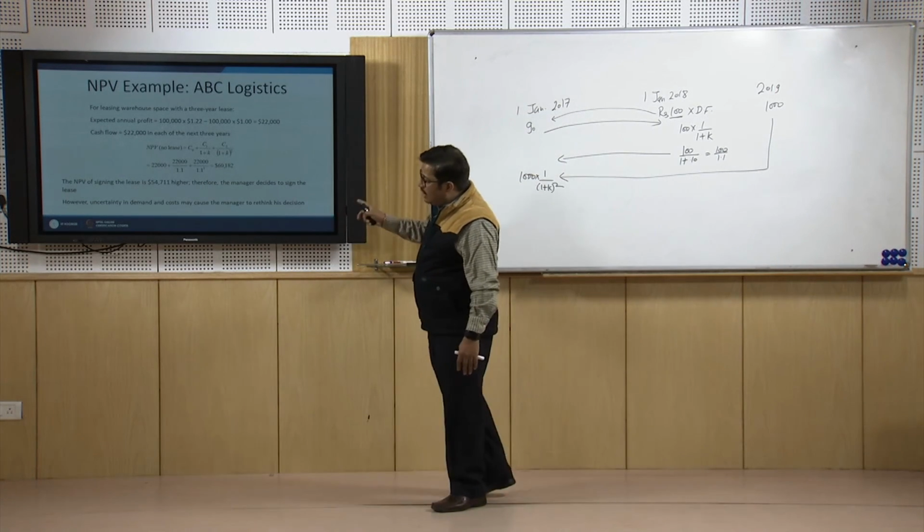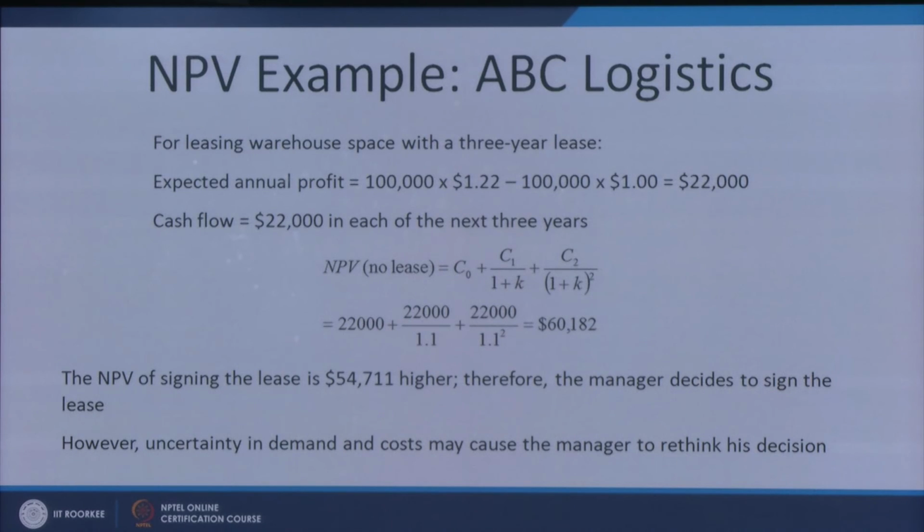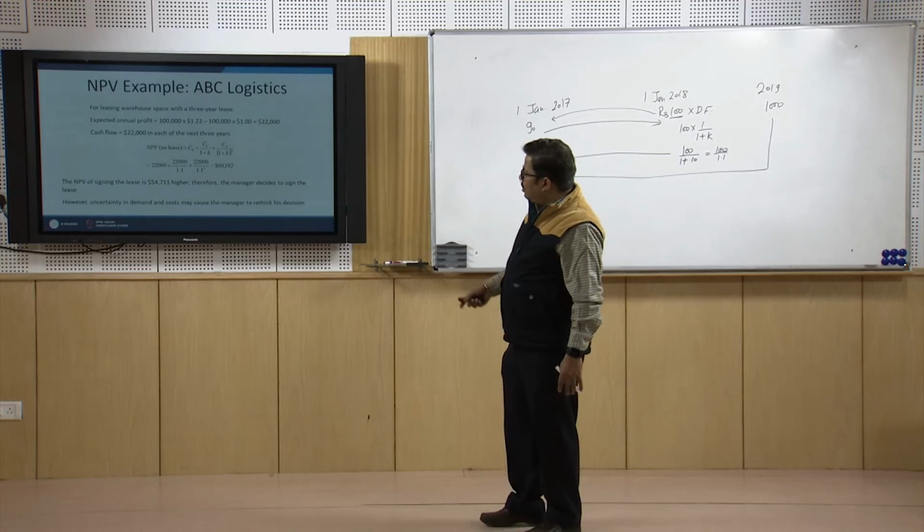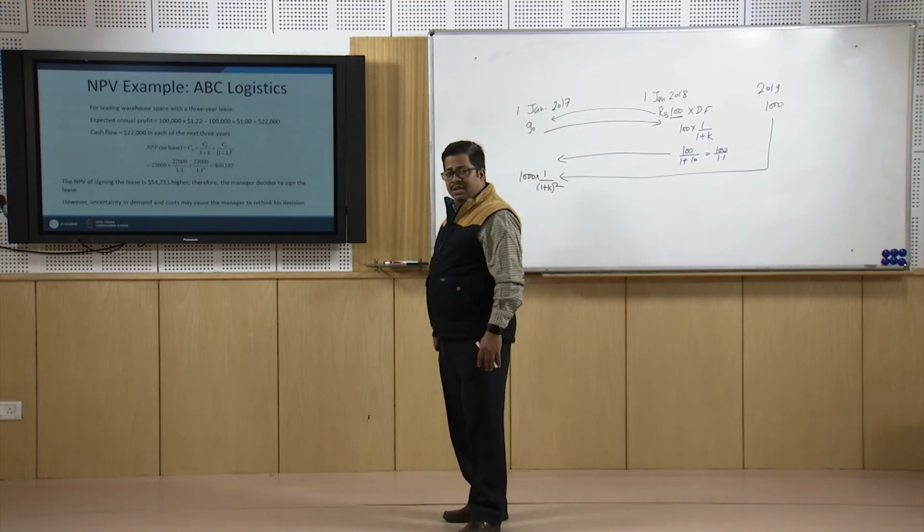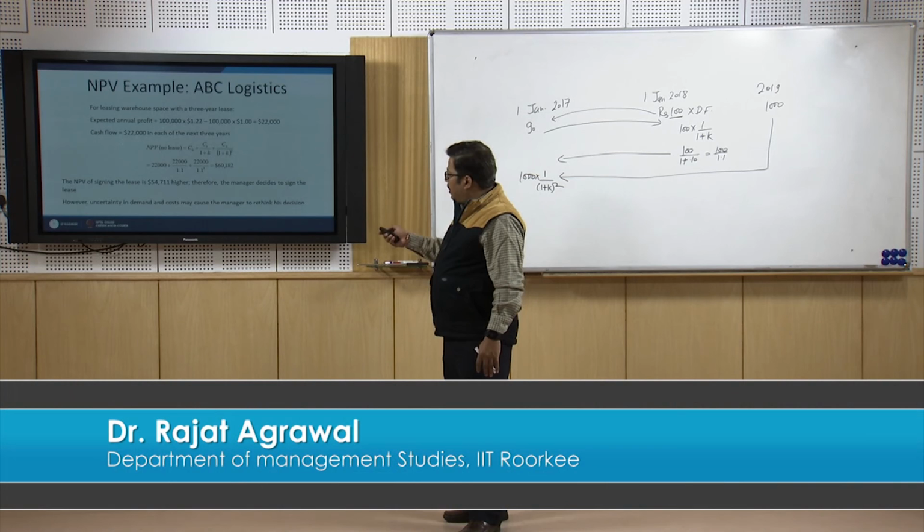Though here with the data, because we have not infused the element of uncertainty in this example yet, we are only considering that you have a fixed rate of return, fixed demand, fixed cost, everything is fixed, and in that case obviously with this simple calculation we can conclude that the leased arrangement is suitable.